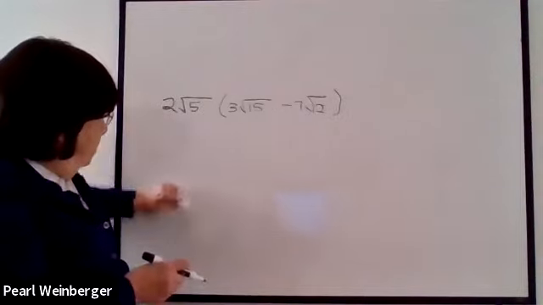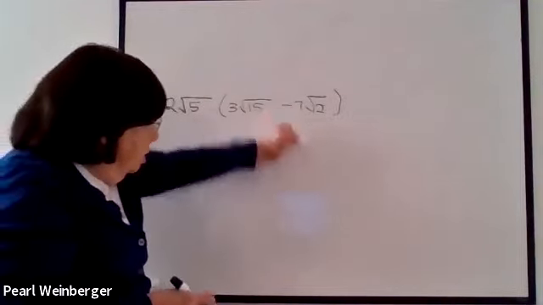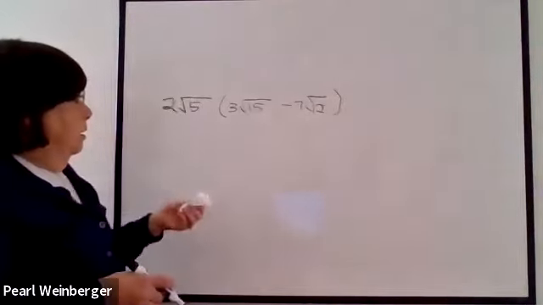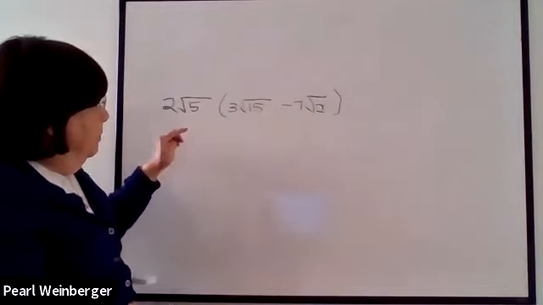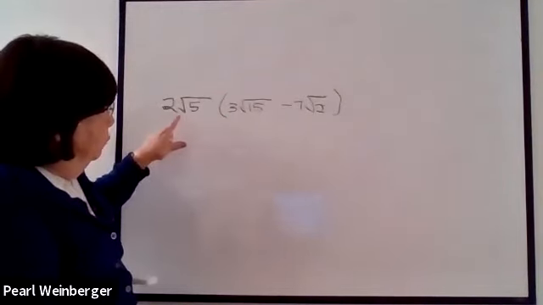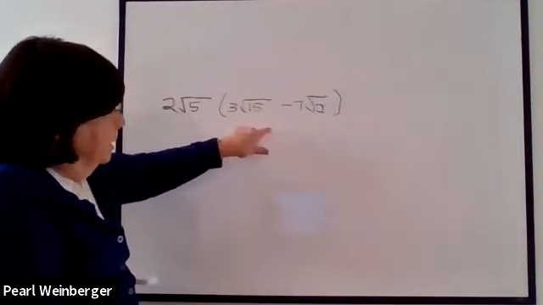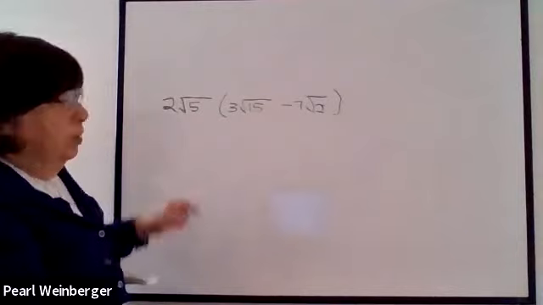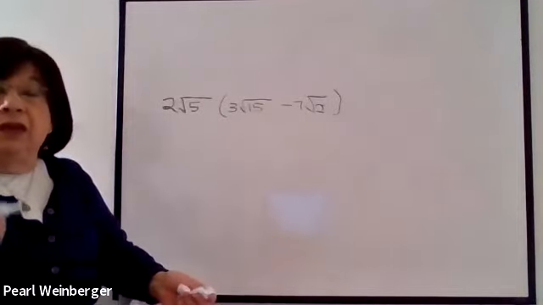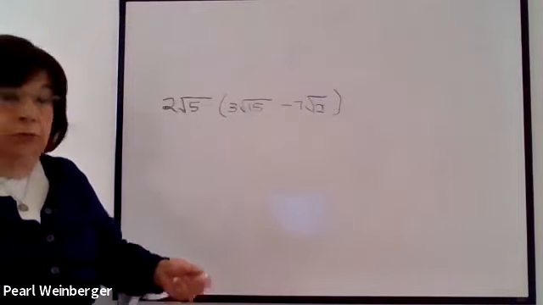So we have to remember what we do whenever we multiply a monomial by a binomial or trinomial or polynomial. We have to use the distributive property.